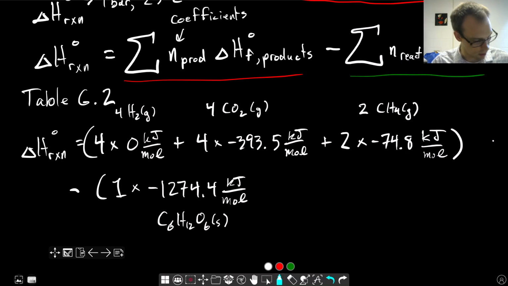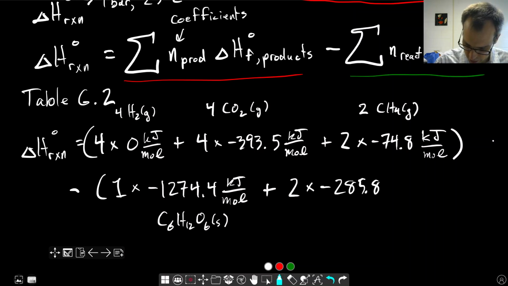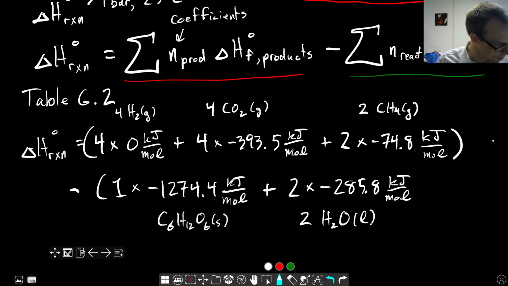Again, our stoichiometric coefficient is 1 there. And then we add in our other reactant, which is 2 times negative 285.8 kilojoules per mole. This is our 2 H2O liquid.